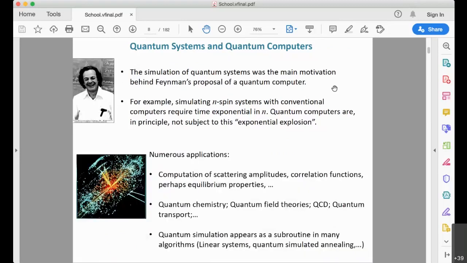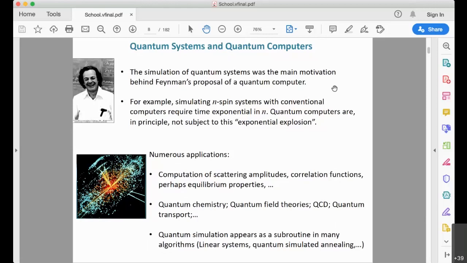So we now know that quantum simulation has numerous applications, not only in physics, like, for example, computing scattering amplitudes in QED, simulating quantum field theories, computing correlation functions, perhaps even computing equilibrium properties of quantum systems, applications in quantum chemistry, quantum transport, and so on.